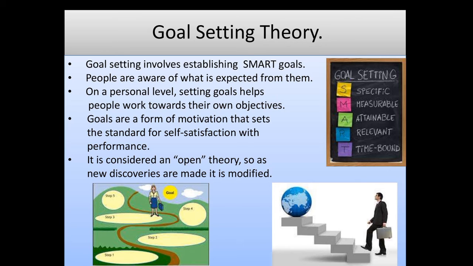When things are framed, people will work towards that particular goal and try to accomplish those objectives. And goals are a form of motivation that sets the standard for self-satisfaction with performance. It is also considered an open theory, so as new discoveries are made, it is modified every time.